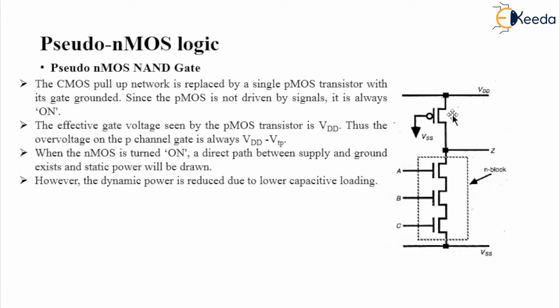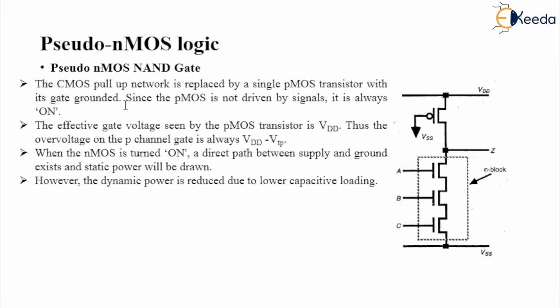Definitely this PMOS will be turned on always, because it is directly connected to ground potential. The same thing is written here: the CMOS pull-up network is replaced by a PMOS transistor with its gate grounded.